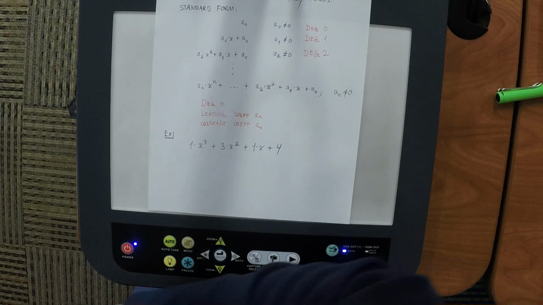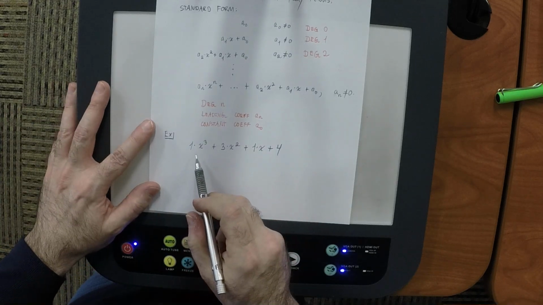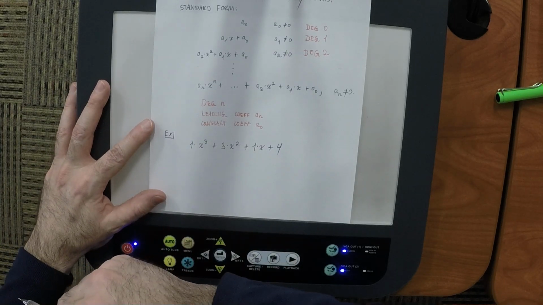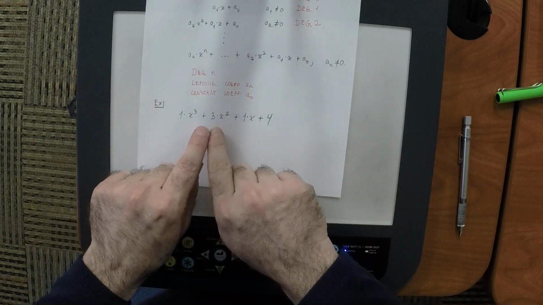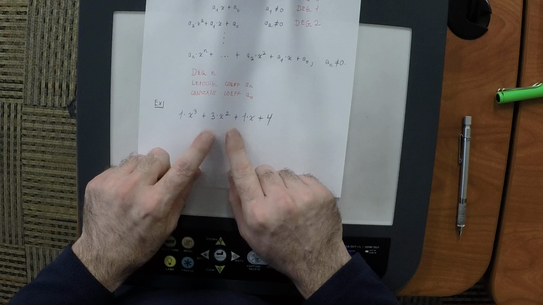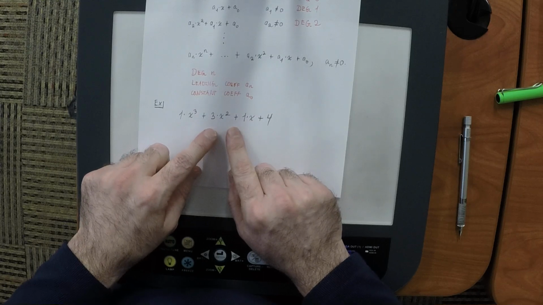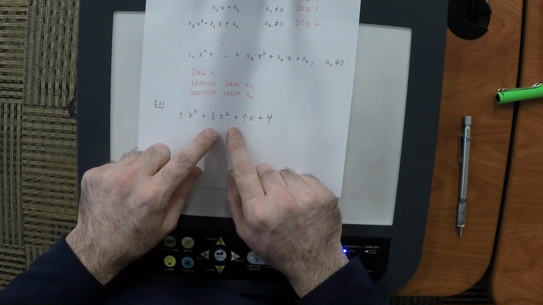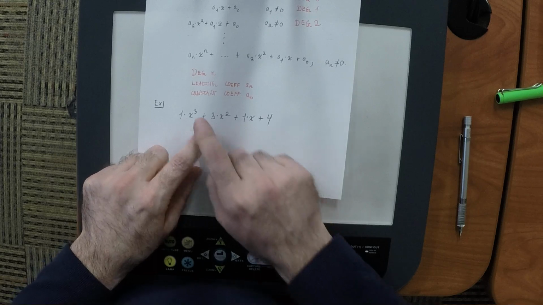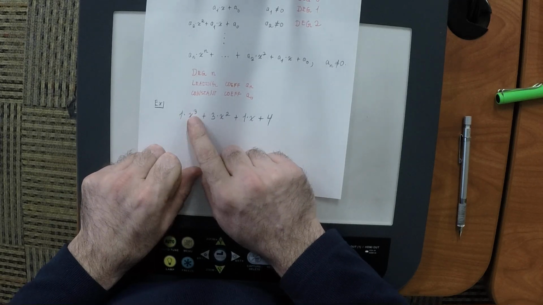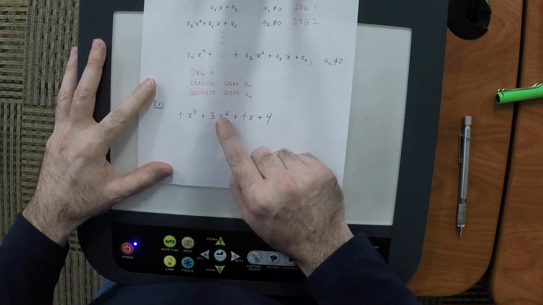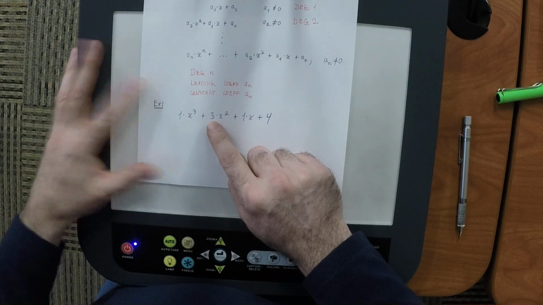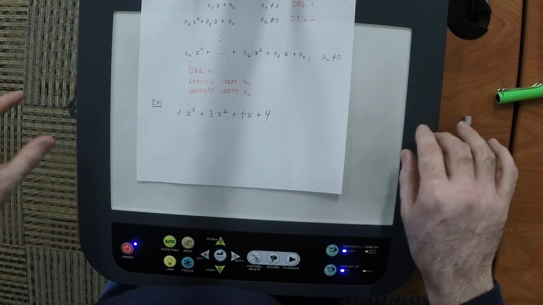Under normal circumstances, you won't write the 1, you'll just write x cubed, but then the 1, 3, 1, 4 joke wouldn't be so clear. Now, if I wanted you to plug in some x, like x is 10, you could do 10 times 10 times 10 times 1 and write that down, and then you could do 10 times 10 times 3 and write that down, and so on.